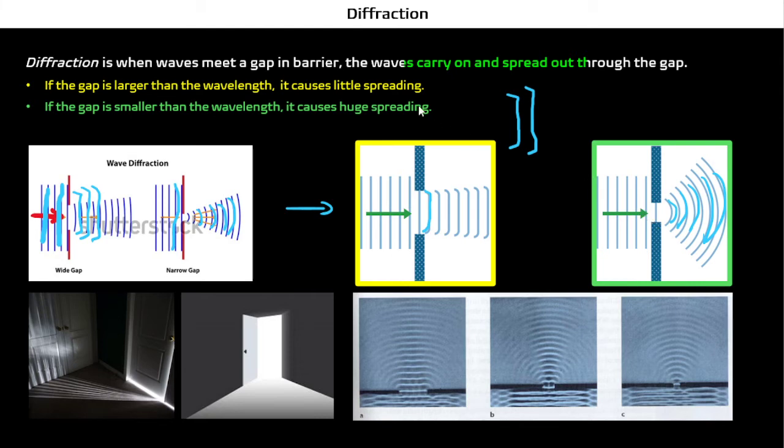Also, as general knowledge, when you have a very narrow gap such as this one, which you can even see in your own houses, we are going to create very sharp shadows. But if your gap is super wide or very large, such as an open door, we will not have any sharp shadows at all.